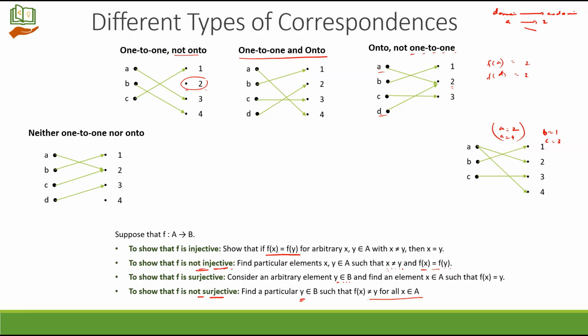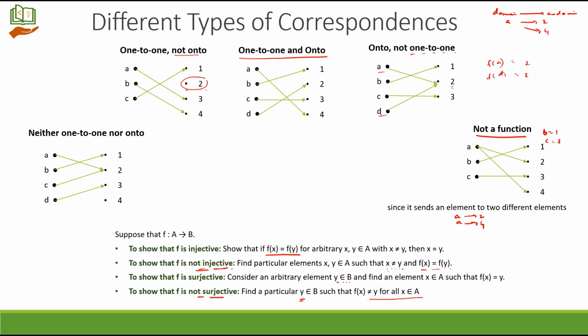It is mapping to two codomain values, which is actually not a function at all. When you have two mappings from a domain element, you can conclude that it is not a function. Since it sends an element to two different elements, A to 2 and A to 4, we are concluding that this is not a function.